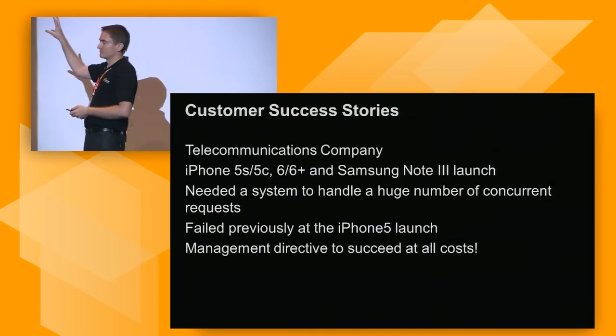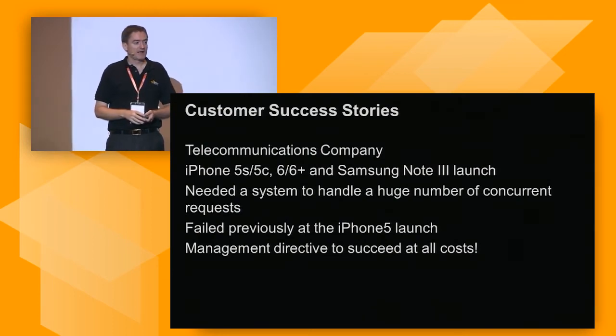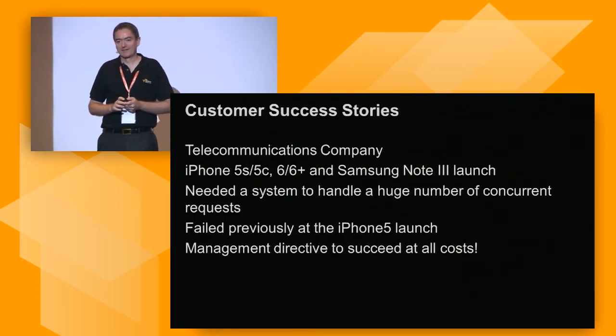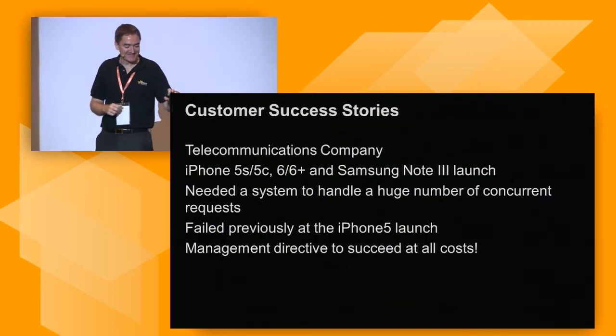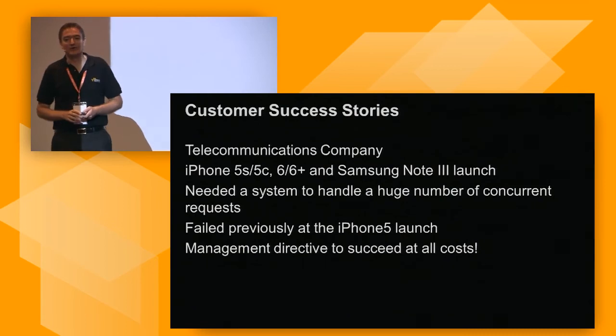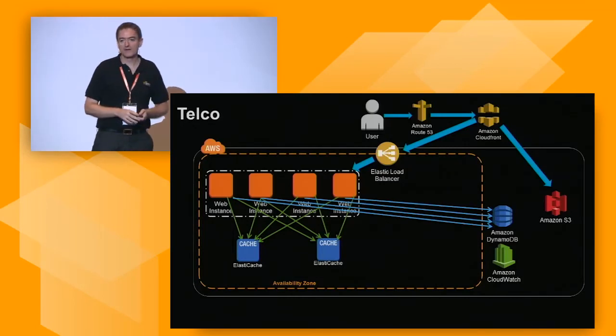They needed a system to handle a large amount of requests, okay? And they had failed at an iPhone 5 launch. So probably some of you are going, I know who that is now. But the management decided that, okay, we need to succeed at all costs. What can we do? So they came to us, and this is the architecture that we built for them.